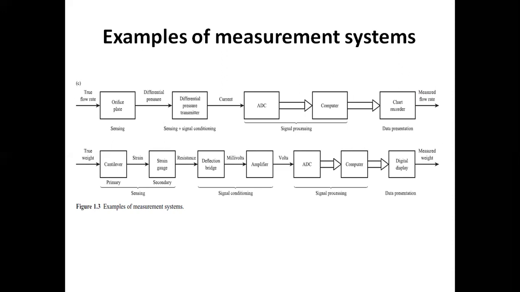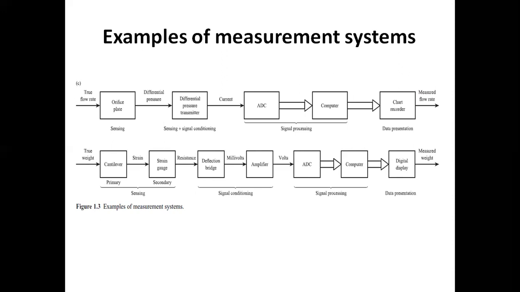So now you can see how a measurement system indeed has different blocks or stages, and each stage has a role that it plays. And so if you are presented with a sensor system or a measuring system, as an instrumentation person, you need to ask yourself, can I identify these blocks in this system?